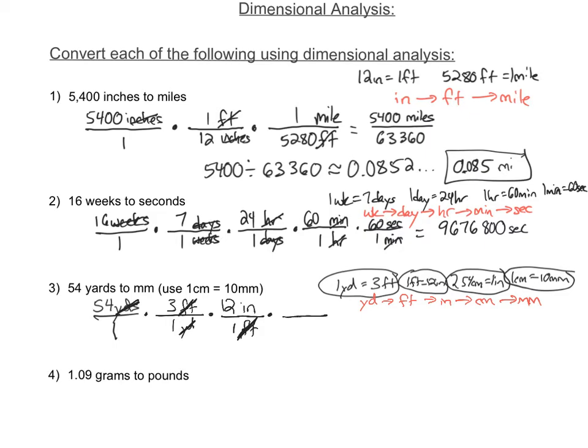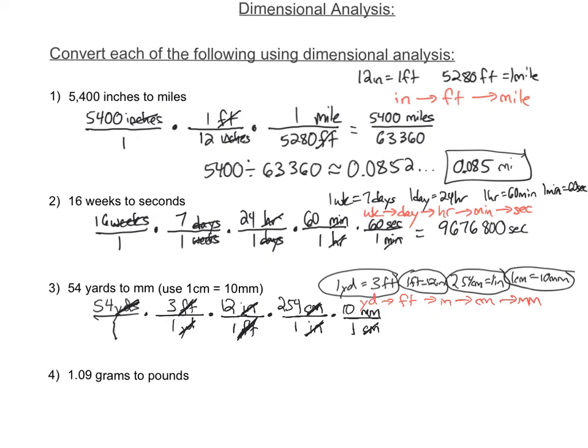Next, I want to go from inches to centimeters. So my inches need to cancel and be left with centimeters. And there are 2.54 centimeters in every 1 inch. And now my units cancel. And my last factor is going to be that I want my centimeters to cancel and leave me with millimeters. And there is 1 centimeter in every 10 millimeters.